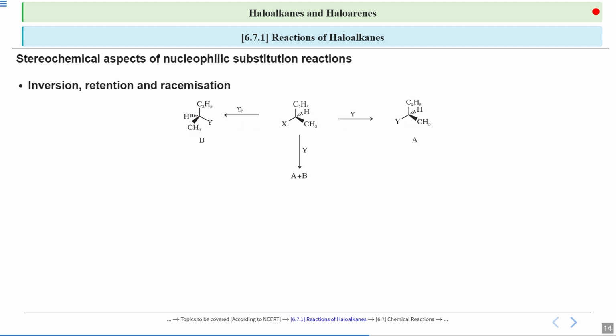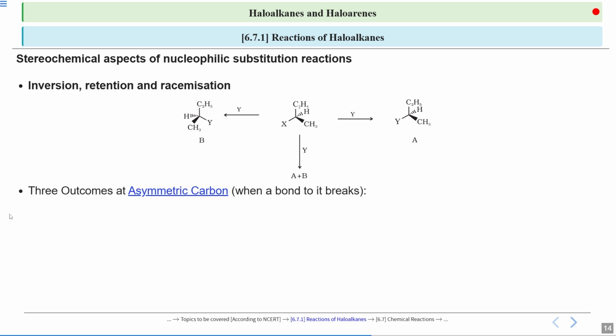Similarly, when you add Y, you get another kind of product, B, where the spatial arrangement has been changed around this asymmetric carbon. And the third way is when you add Y to the main reactant and get A plus B, that means both compounds, as your product.